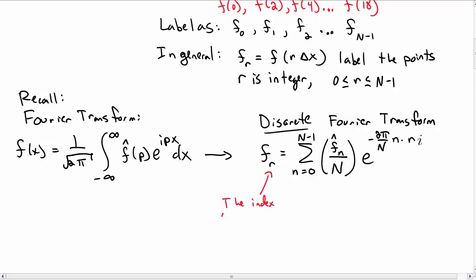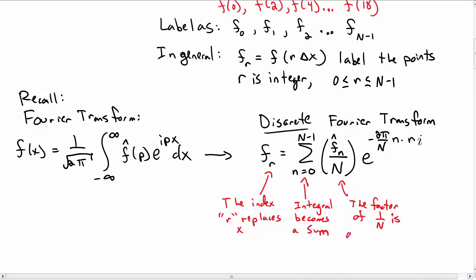A couple things to notice here. The index little r is replacing the x dependence that we had before. We turned the integral here into a sum, as usual when you go from continuous to discrete. For the amplitude here, or the transform, this f hat, there's a factor of 1 over big N, and that's just a convention that you don't need to worry too much about.